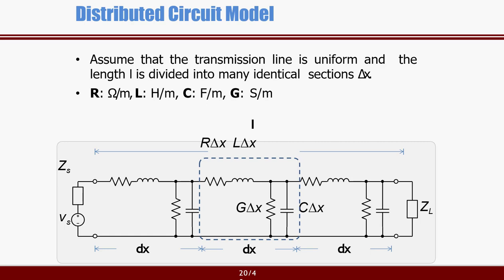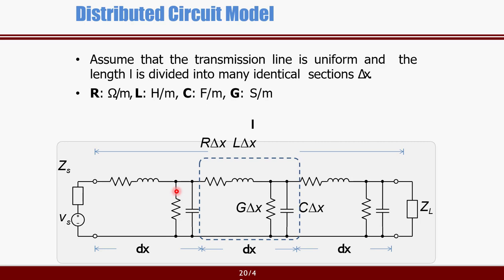Again, Vs and Zs are the source voltage and source impedance at the input side, here at the left hand side. Resistance, as it is measured in per meter or per kilometer units, is expressed as a series parameter. L is also a series parameter, so they are present in the series branch, and capacitance and conductance are present as parallel parameters.